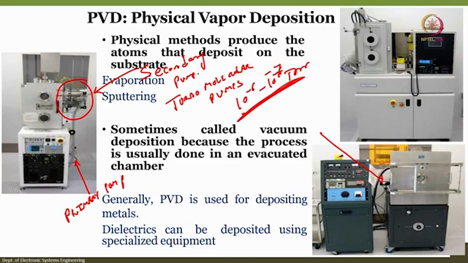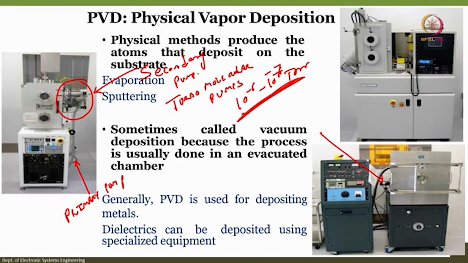Because every physical vapor deposition method, whether it is thermal evaporation, e-beam evaporation or sputtering, all three techniques require vacuum, and that is why these techniques are also called vacuum deposition techniques.